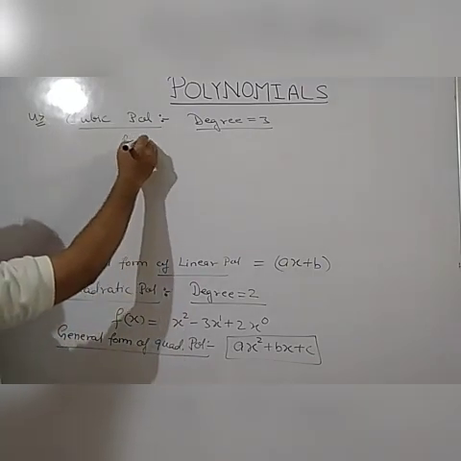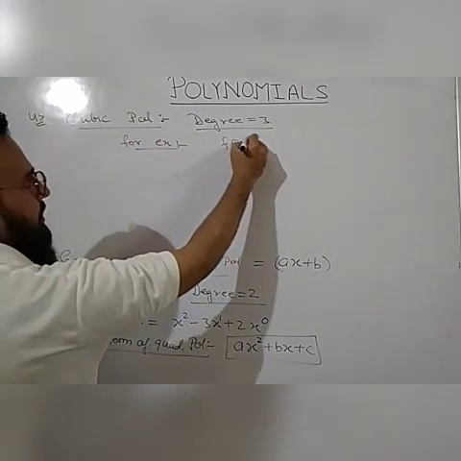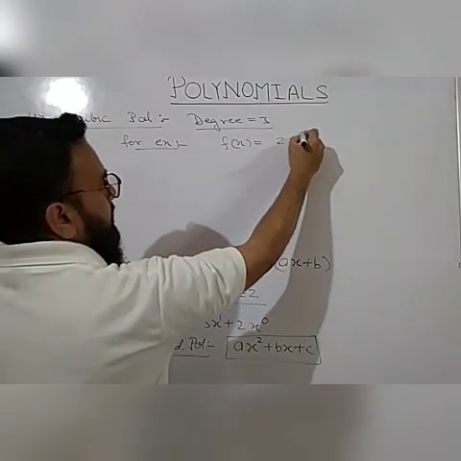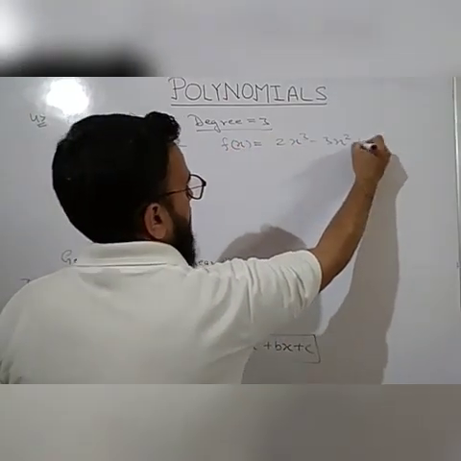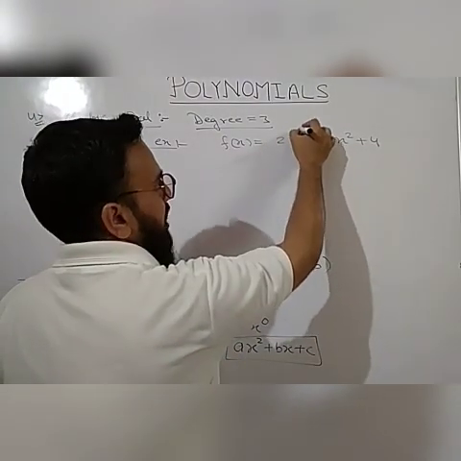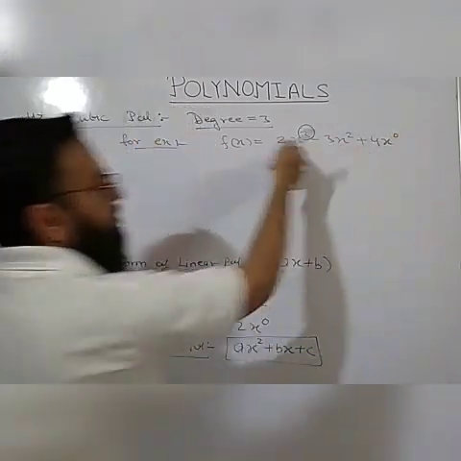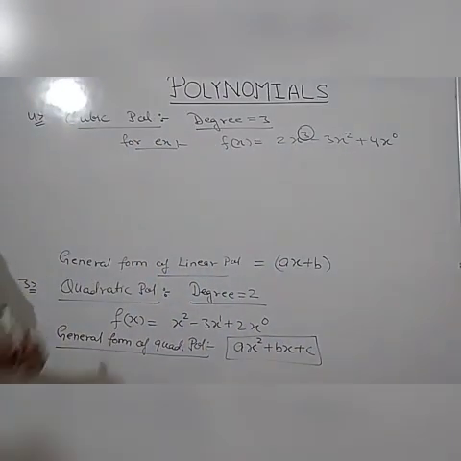For example, if we are given an expression f(x) is equal to 2x cube minus 3x square plus 4. Now in this expression, the highest power is 3 and it is a polynomial also. So this polynomial will be known as cubic polynomial.